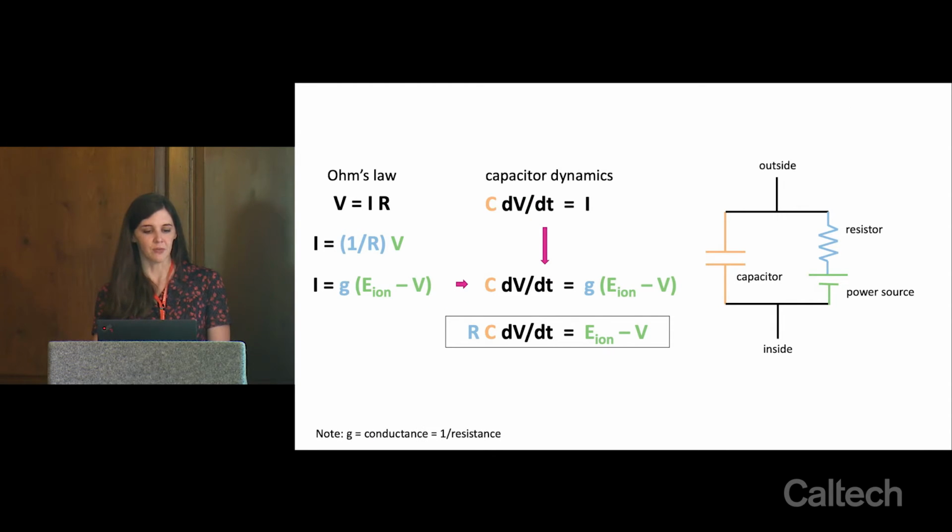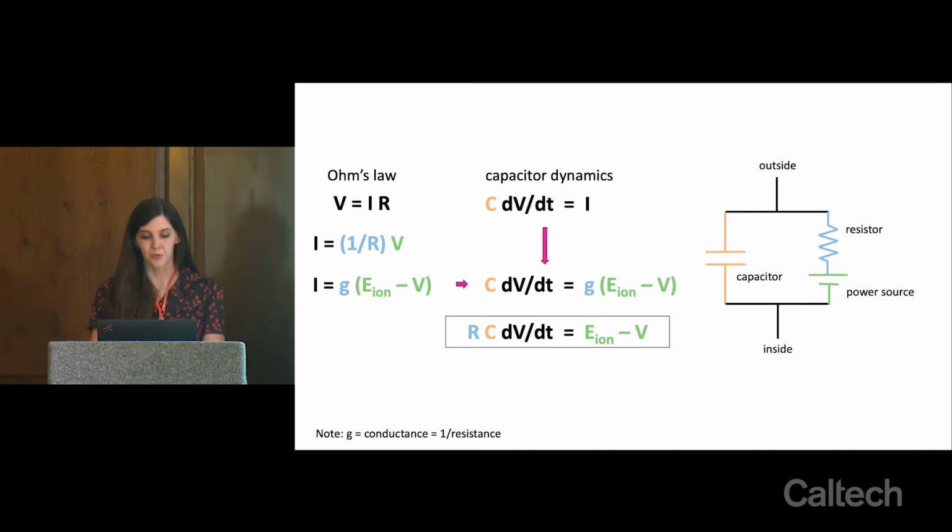So we have a rule that relates the voltage drop across a resistor to the current passing through it and its resistance, and we have a rule for relating the capacitance of a capacitor to the current flow across it and the change in voltage over time. So with these two equations, we can describe what's going to happen to charge differences across this neuron and how its membrane potential is going to evolve over time.